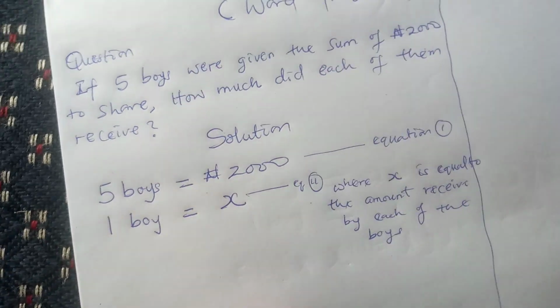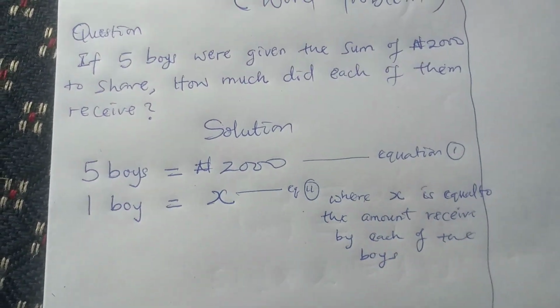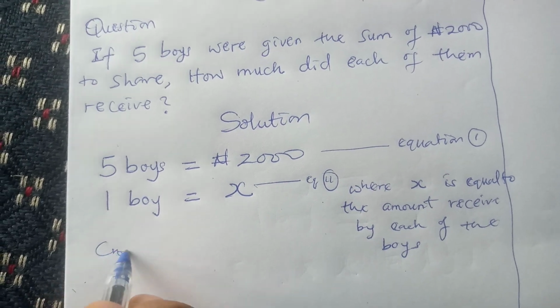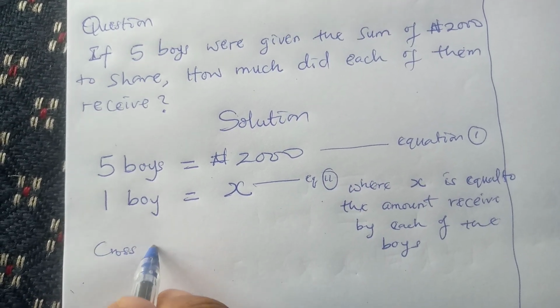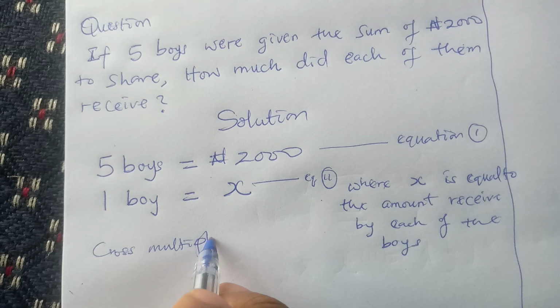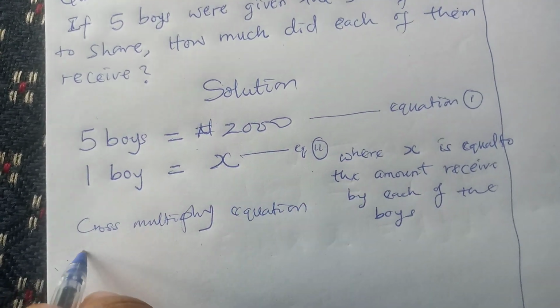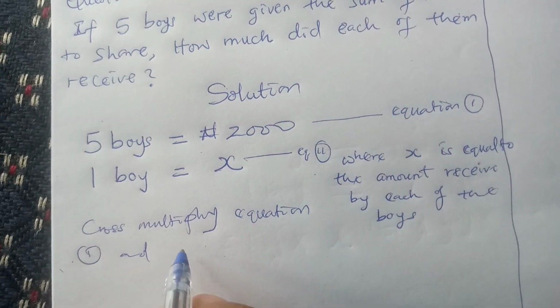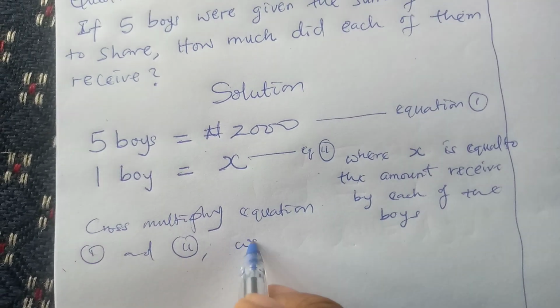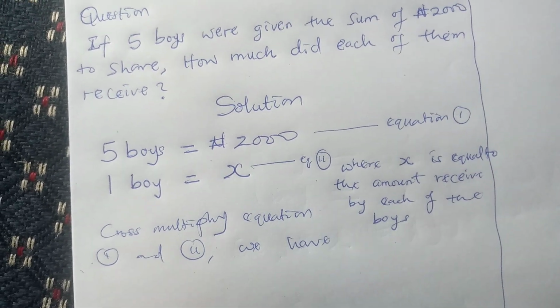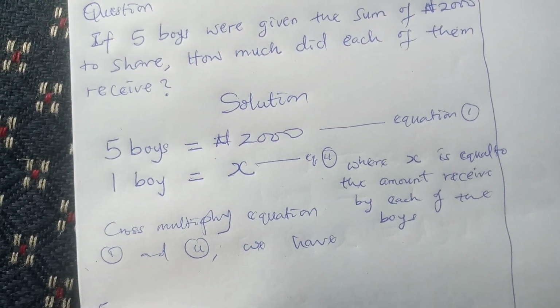So the next thing we would do is to cross multiply equation 1 and 2. We have, okay, 5 boys.